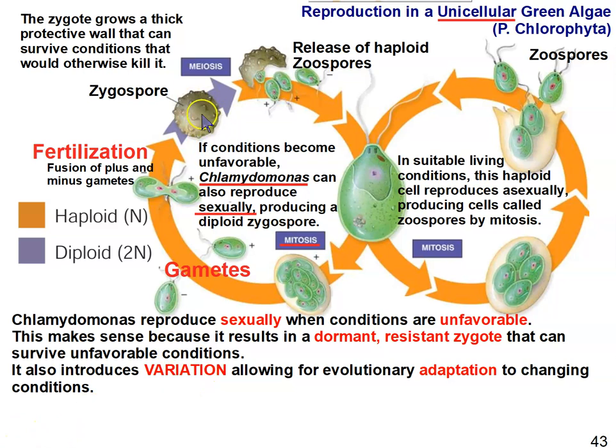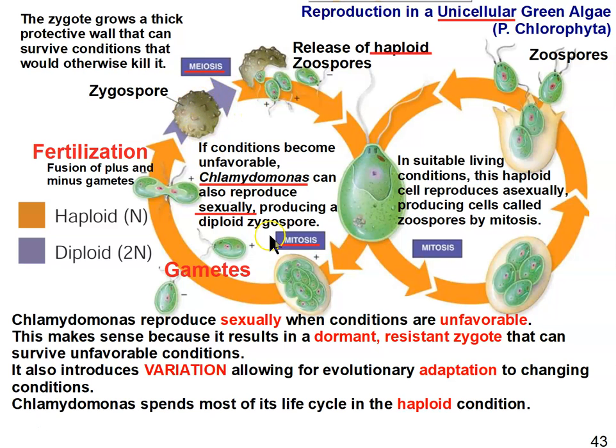So since the zygospore and the zygote is diploid, the release of these zoospores, or these zoospores are produced by meiosis, because notice we're going from diploid to haploid. So the life cycle of Chlamydomonas is mostly haploid. You know, the whole thing is this tannish color in the diagram, which is haploid, so mostly haploid.